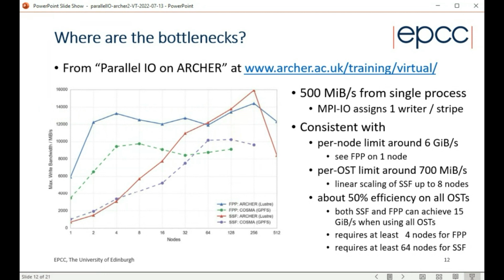So we were able to saturate the disks on Archer using either of these I/O methods, and therefore I would have definitely recommended the single shared file. You don't end up with thousands of separate files. But basically these results were consistent with a single process on Archer being able to write at about 500 megabytes per second, half a gigabyte a second.